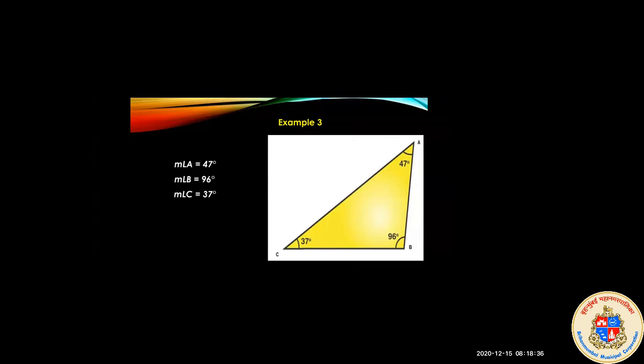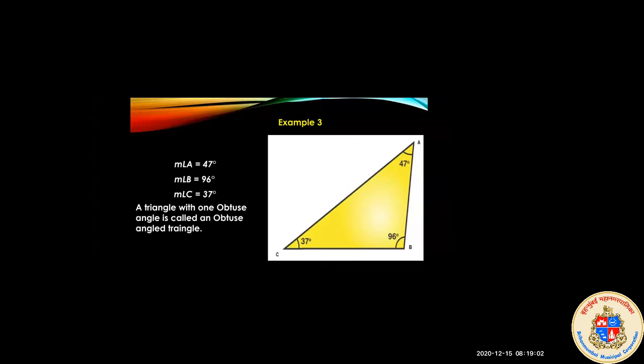Now, if you see, measure of angle B is 96 degrees, so it is greater than 90 degrees. So if any one of the angles of a triangle is greater than 90 degrees, that will be an, yes, someone is answering, obtuse angle. Very good. It will be an obtuse angle triangle.